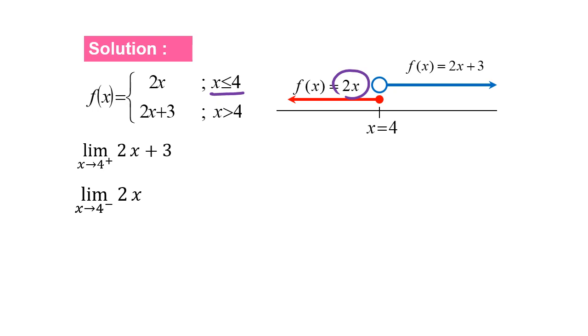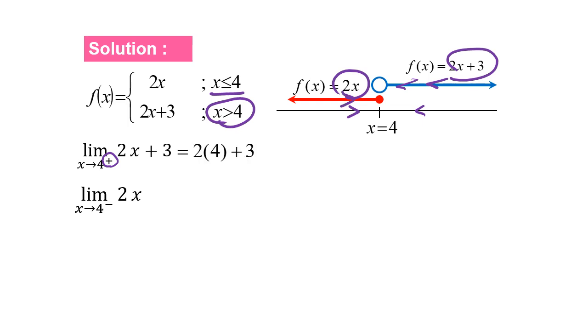And then the right side of 4, for x more than 4, the function is 2x plus 3. So these are two different functions to use when x approaches 4. We want to find the limit of f(x) when x approaches 4 from the right side. So which function do we choose? Approaching from the right side is 2x plus 3. And from the left side, it should be the other function, 2x.